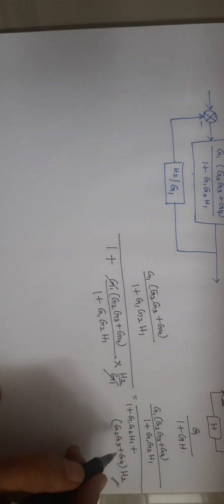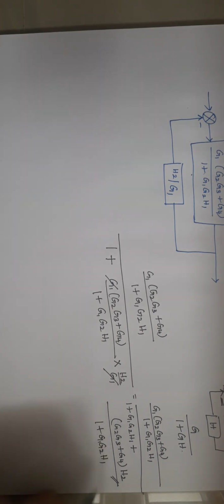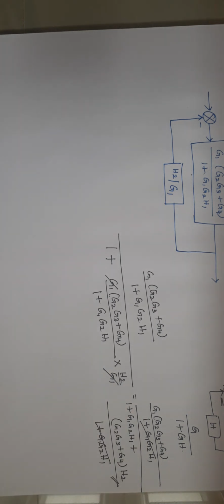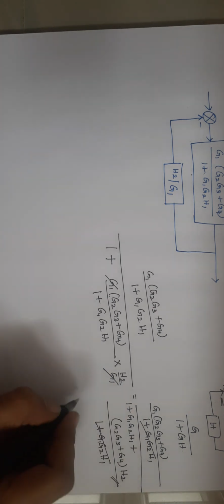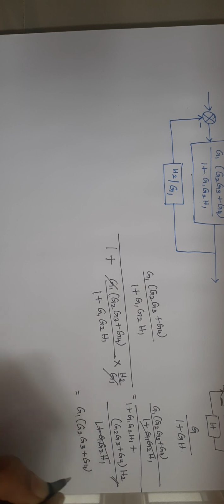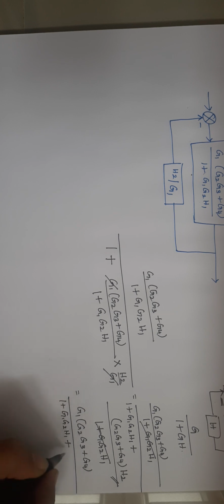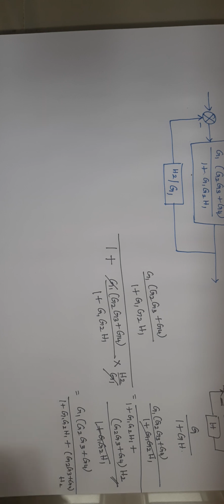So the expression is nothing but G1 into, here, just multiplying, this entire term will be divided by again 1 plus G1 G2 H1. So here this 1 plus G1 G2 H1 and 1 plus G1 G2 H1 will get cancelled, and the remaining expression will be G1 into (G2 G3 plus G4) divided by 1 plus G1 G2 H1 plus (G2 G3 plus G4) into H2.